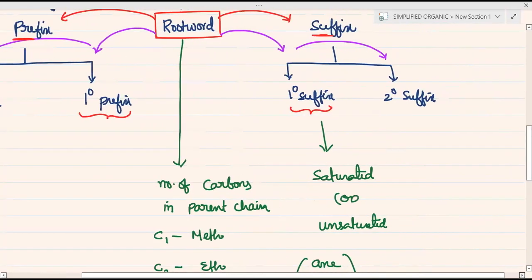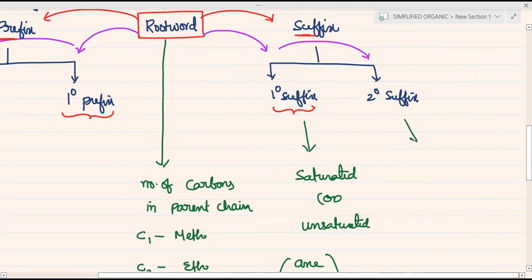Now coming to the secondary suffix. The secondary suffix gives the information of the functional group.